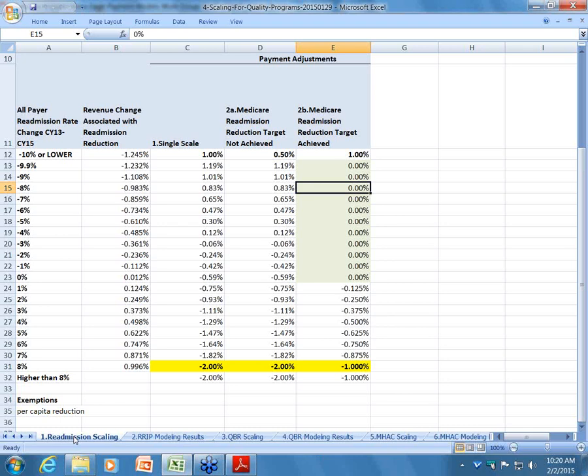Is the readmission reduction rate really declining, or is that a temporary impact, or is it a little bit of both? So it'll be hard to unravel that. But clearly, the readmission reduction rate that's showing in the data is lower.